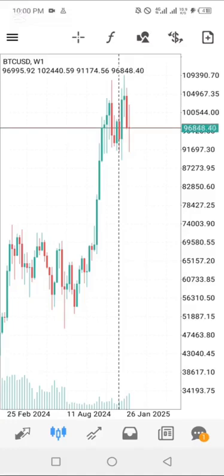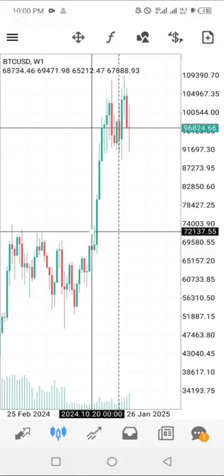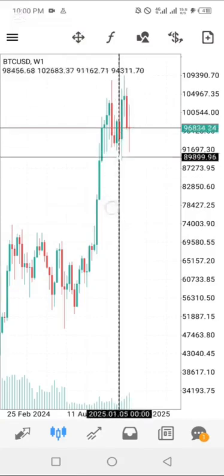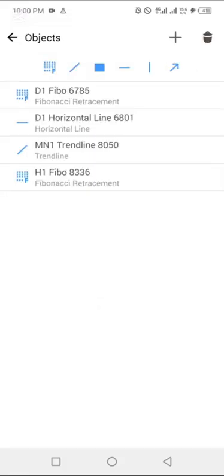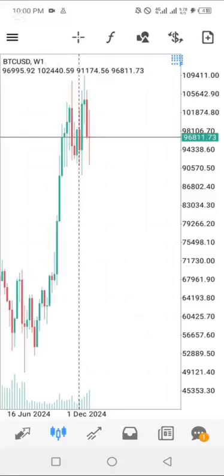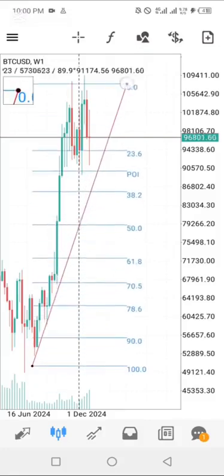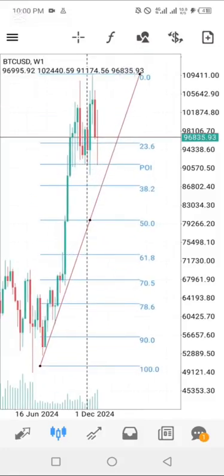How do you gauge it? Still, you use your Fibonacci level. Since we said we are suspecting this to be a second leg on the weekly, let's pull up our Fibonacci tool again to see where we are.